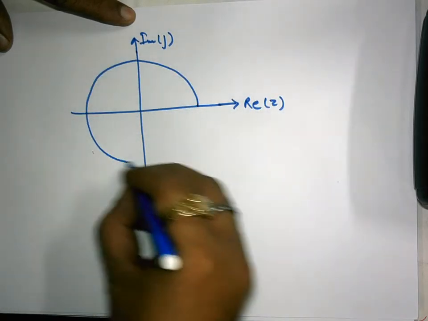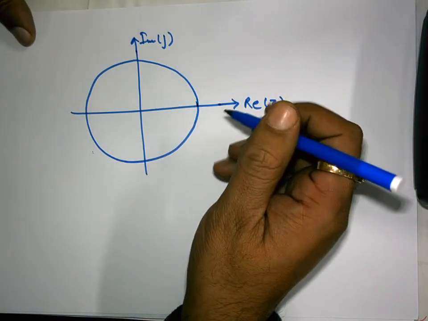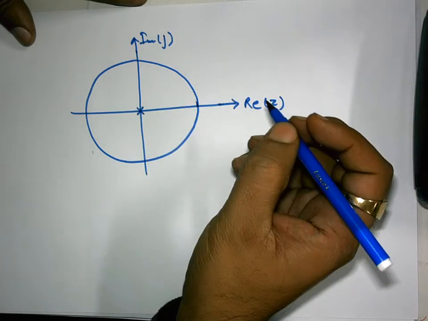here. We have a unity circle, a circle of unit radius, and poles.